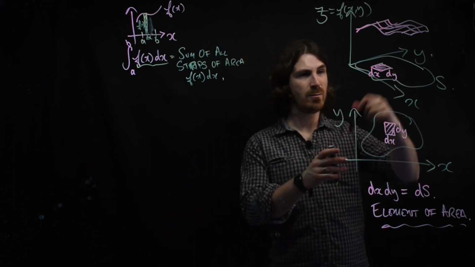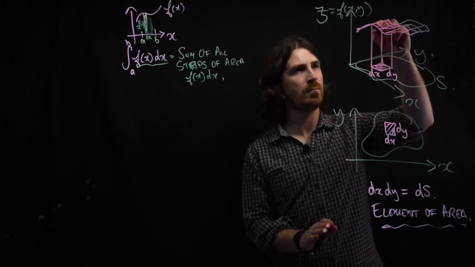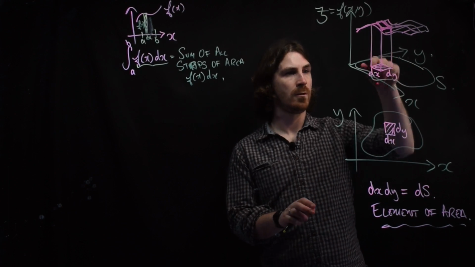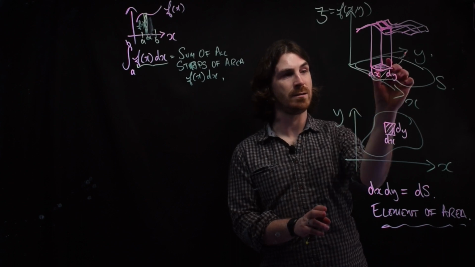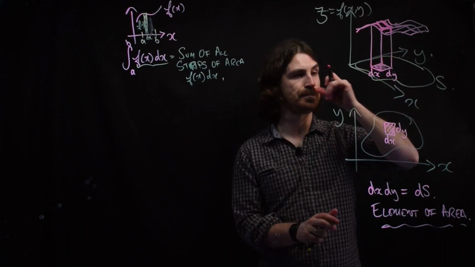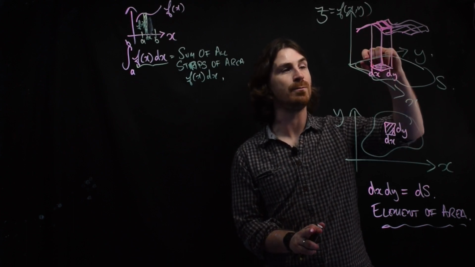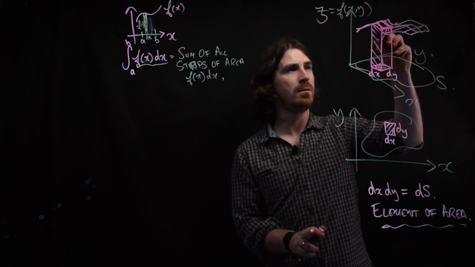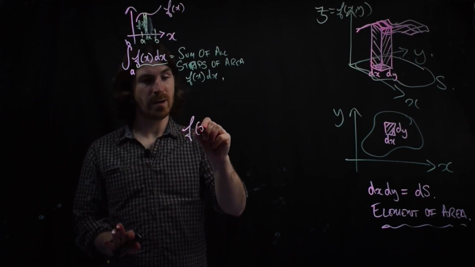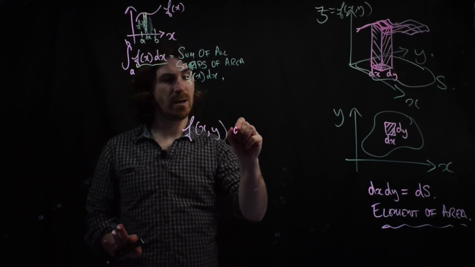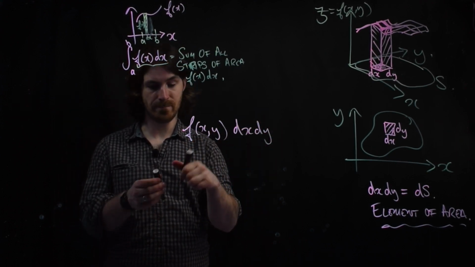If we think about the height of the function, then we've got a rectangle on the xy plane that's dx wide in x and dy wide in y, and the height is z. So what's an area times another length? It's a volume. So we're going to think about f of x, y, that's the height, times this area element.